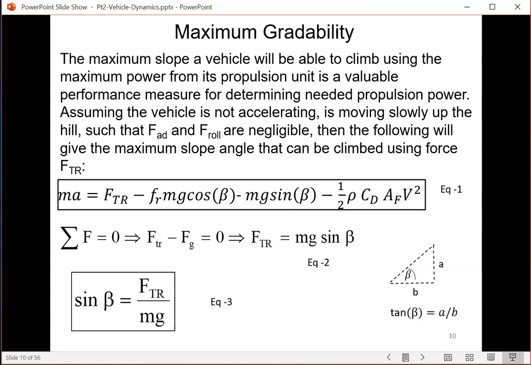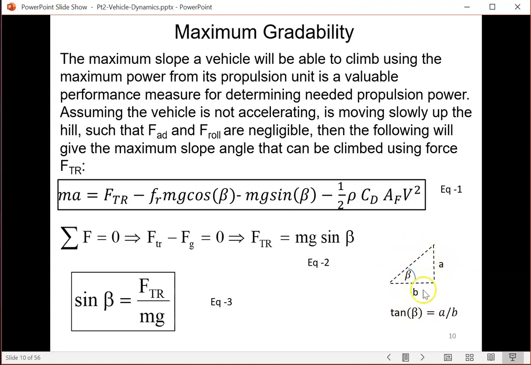But typically, people don't refer to gradient as an angle or sine beta. In civil engineering, they say this gradient is 1 in 20. What does that mean?